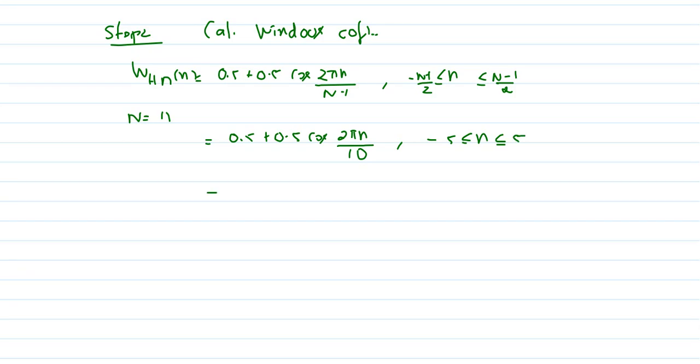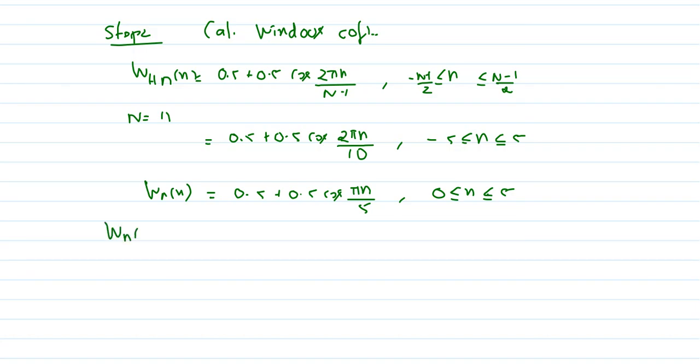Even though this is the range, we'll be solving from 0.5 plus 0.5 cos, I'll cancel this 2 also, so it is pi n by 5, where n ranges from 0 to 5 alone we'll solve. For 0 to minus 5 it will be symmetric. Okay, so I'm not going to solve for that. WH of n, so just substitute n equal to different values.